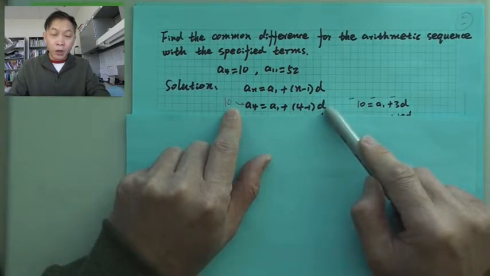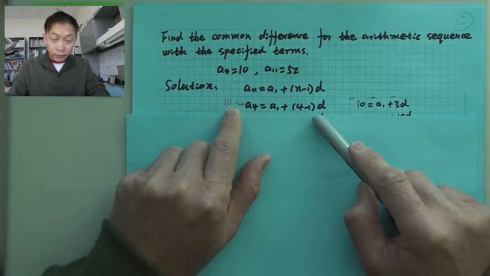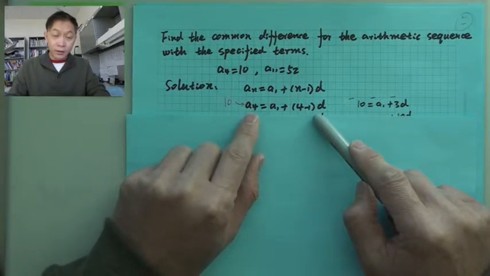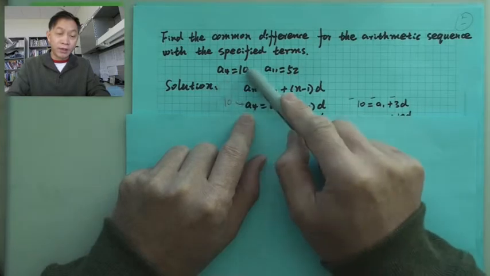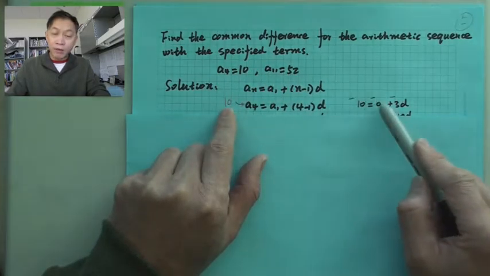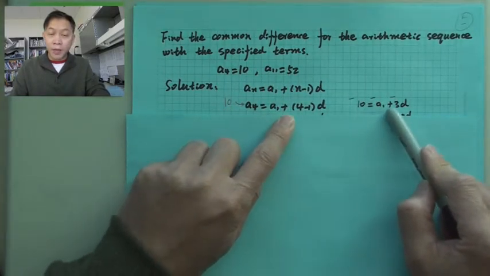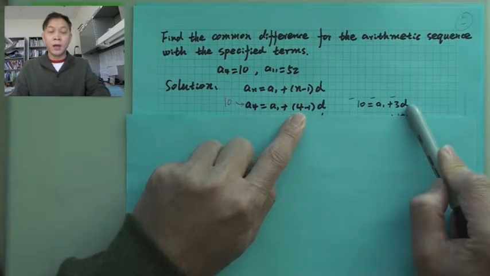We know a sub 4 is 10, so we plug in 10 here. Then you have a 10 equals a 1 plus 3D.